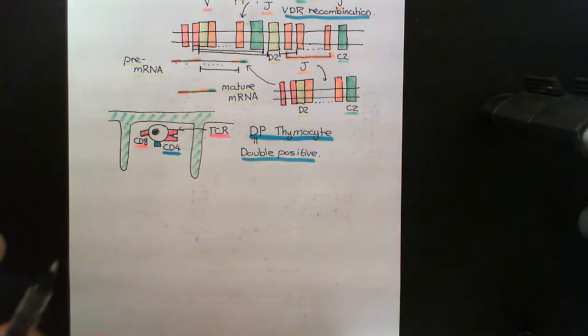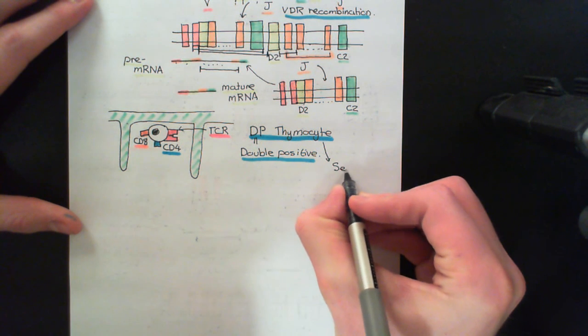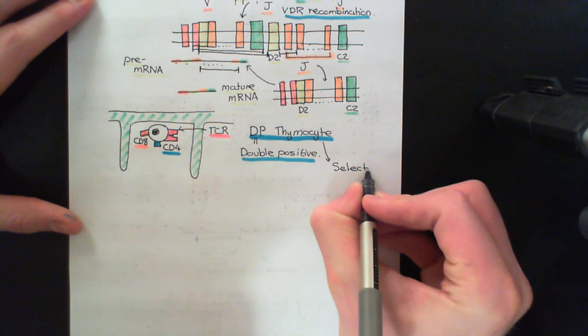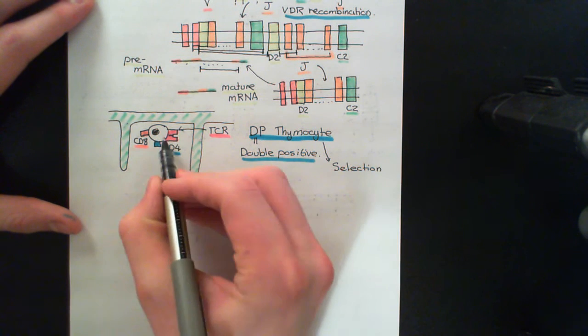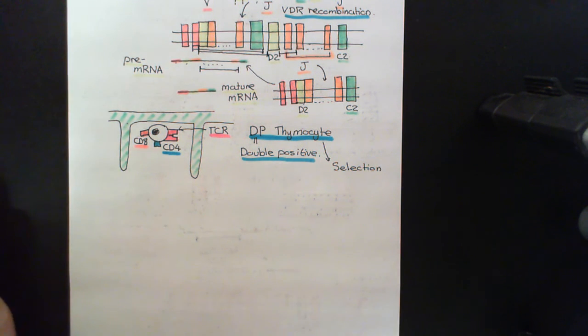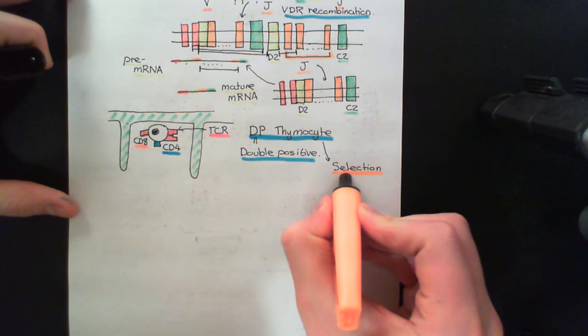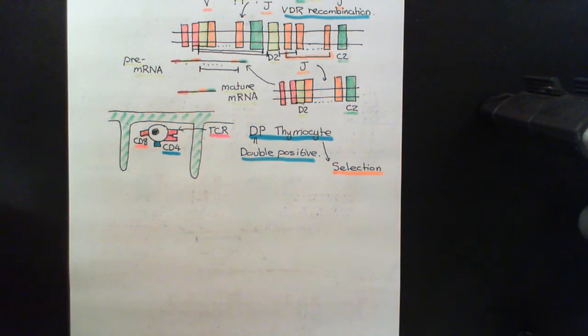So what now needs to occur is a selection process. We need to check that this cell that we've produced with its own T-cell receptor firstly is going to be actually useful for something, and secondly isn't going to be dangerous to the body. So what's now going to occur is a selection process, and we will study this selection process in detail starting in the next video.